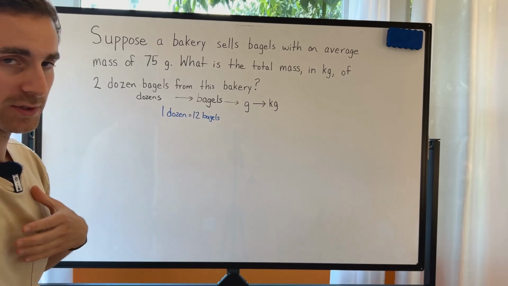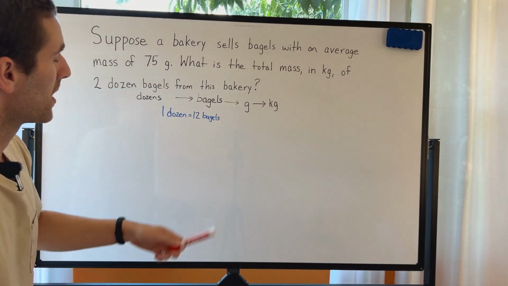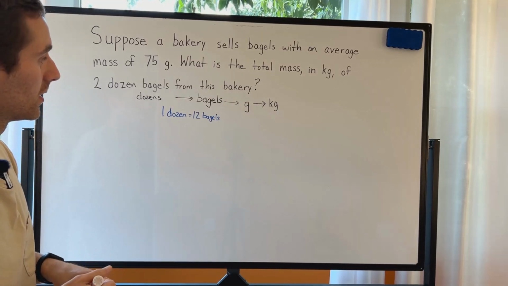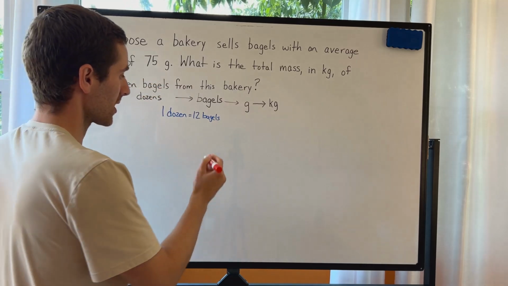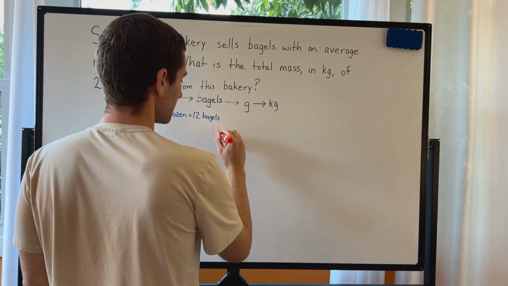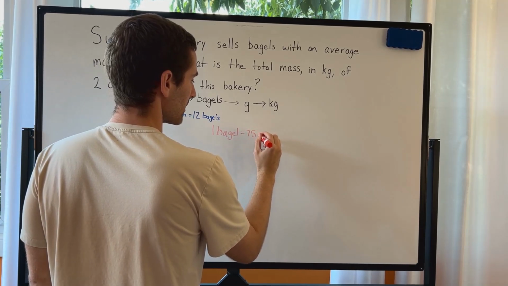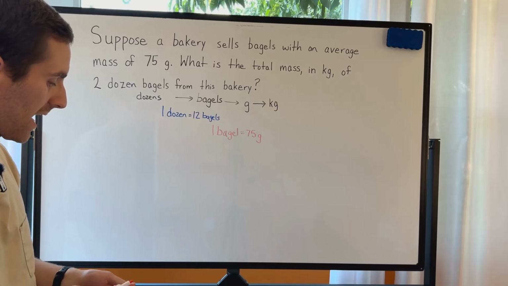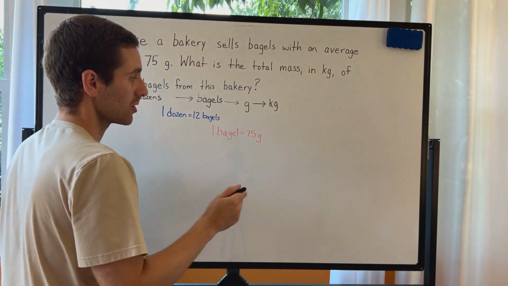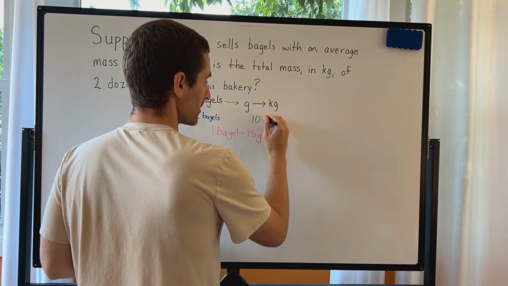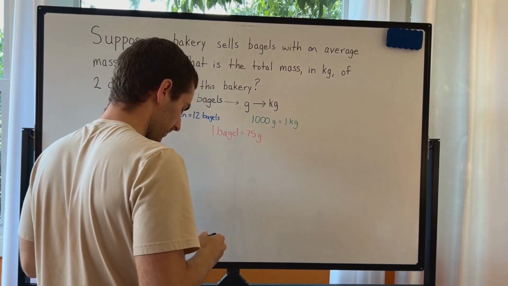A dozen donuts could be 12 donuts, etc. And then bagels to grams, well, that's maybe not a universal conversion, but in this particular case, we're saying that 1 bagel is equal to 75 grams, at least on average. And then grams to kilograms, you should know that there are 1,000 grams in 1 kilogram.